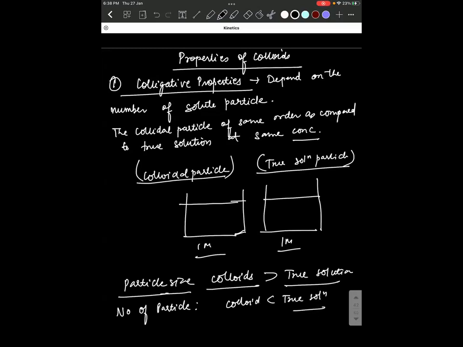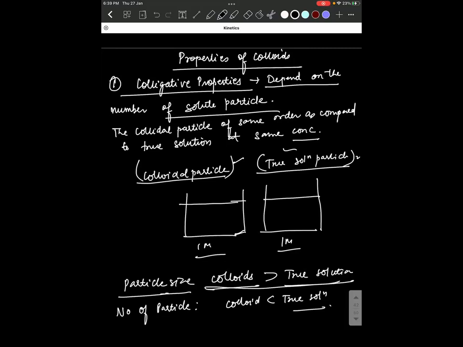So got it? What I was trying to say is how it depends upon the number of solute particles. If we want to take both particles to same concentration, then the number of true solution particles will always be more than the number of colloidal particles, because the size of colloidal particle is more than true solution. Got it? Yes, ma'am.